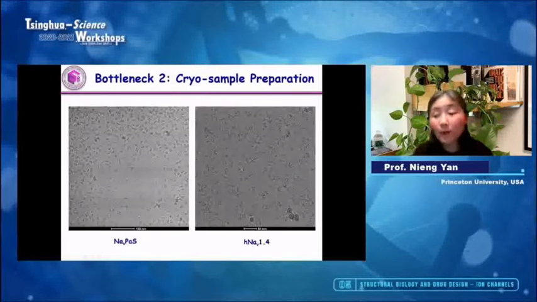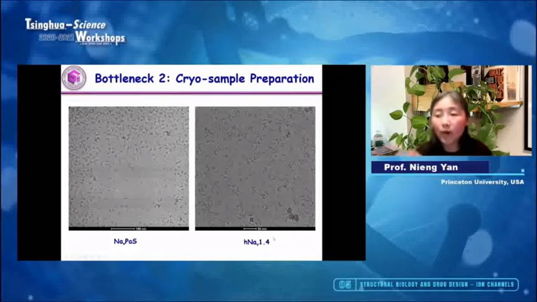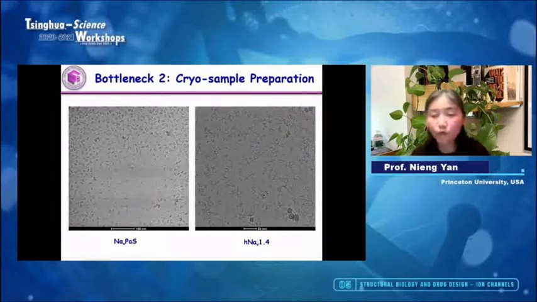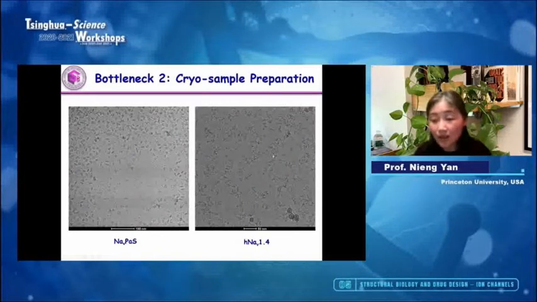After we got the protein, the skeletal muscle isoform known as Nav1.4, it was so difficult to get it into the vitreous ice. As you can see, it tends to either aggregate in thick ice or you see no particles in thin ice.